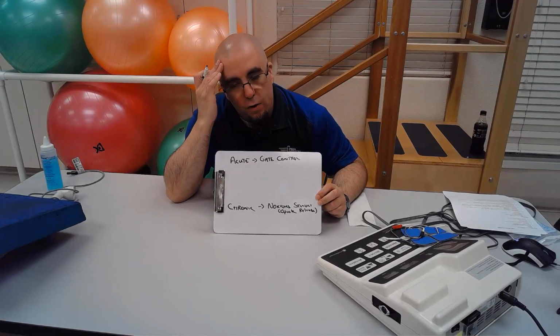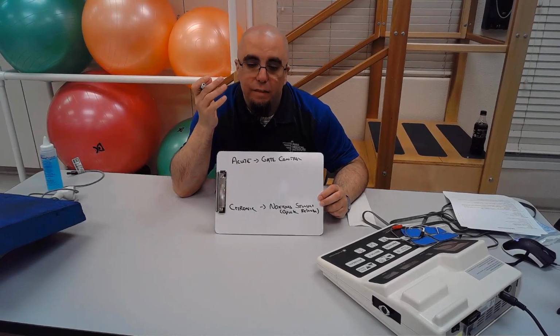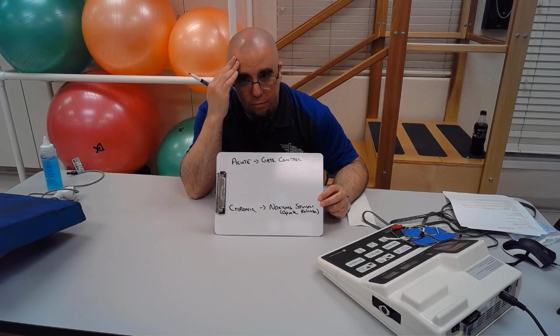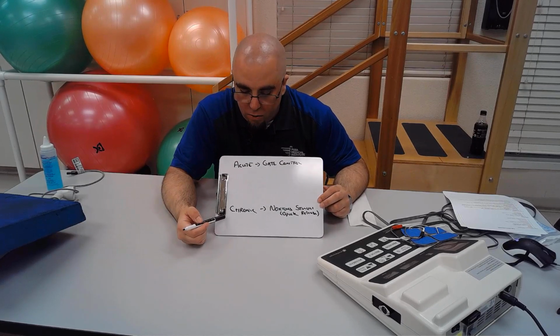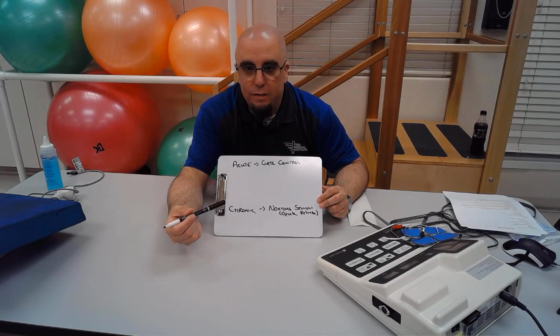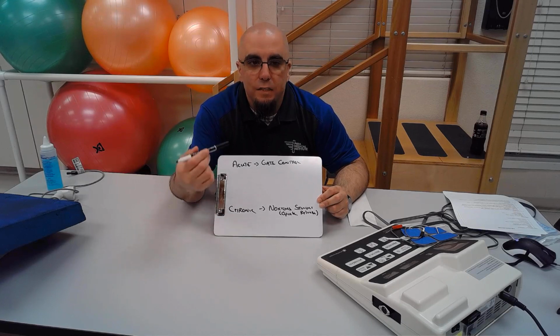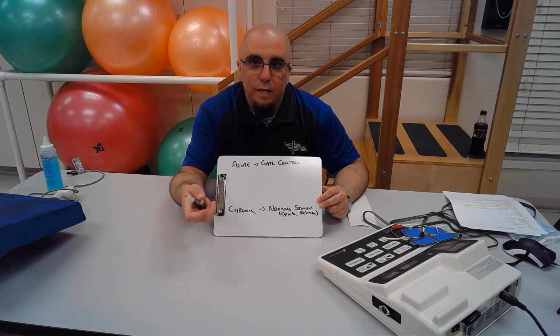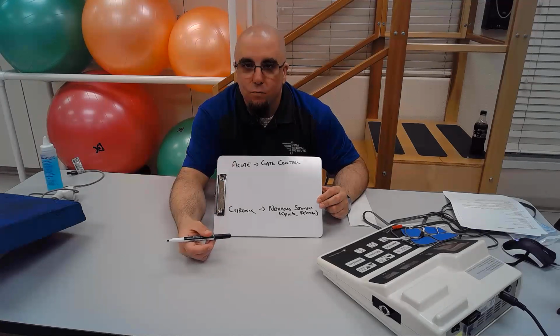That's the same idea as rubbing your head, right? You bang your head, you rub your head. The idea is you're sending a different signal to block the pain signal that's coming from your head. Down here with the chronic patient, their pain has been existing for a while now. The only way that we're going to improve the pain is by causing a little bit of discomfort in order to trigger a release of natural endogenous opioids, right? This is the theory that if your ankle hurts and somebody punches you in the face, all of a sudden you forget about your ankle because you've released endogenous opioids that are relieving the pain.